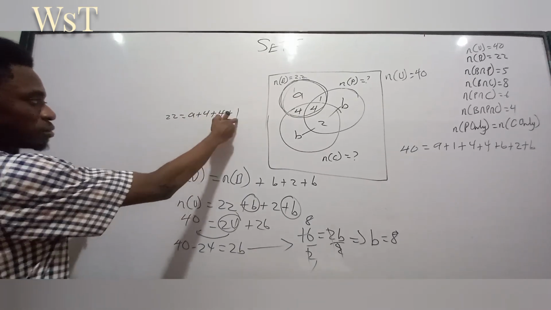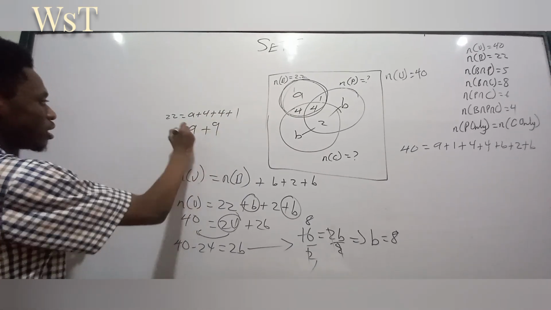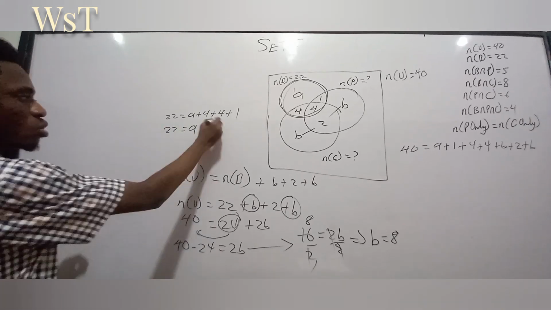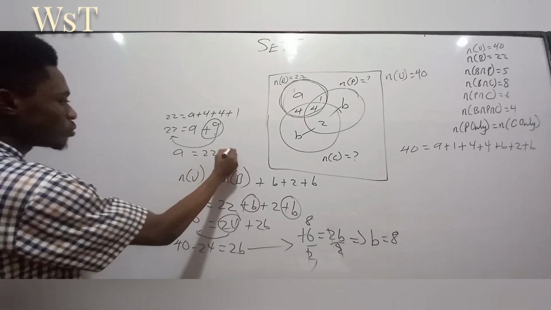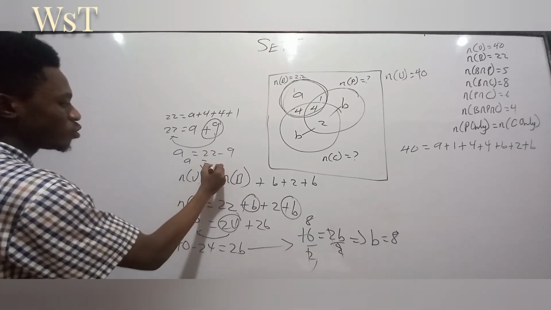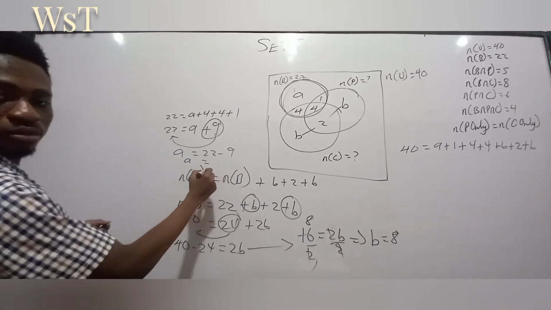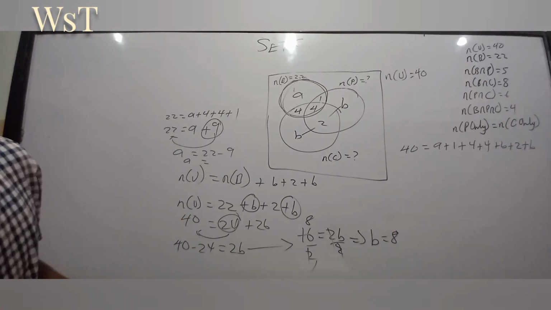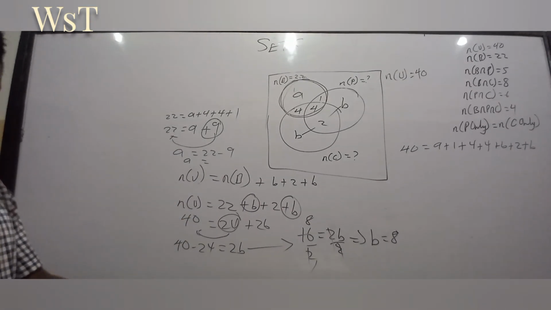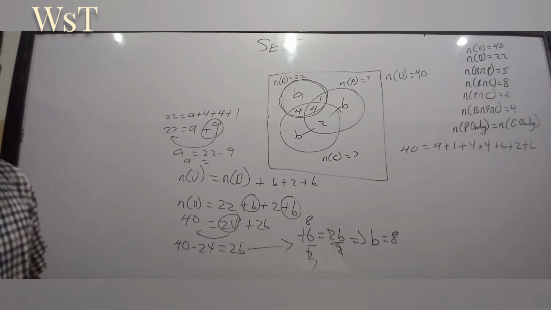So this plus this plus this is 9, plus A is equal to 22. The 9 will come here, isn't it? So A will be 22 minus 9. Use calculator. 22 minus 9, so 13.